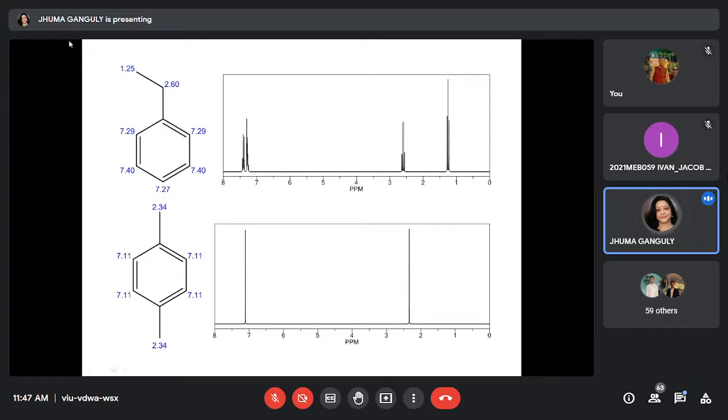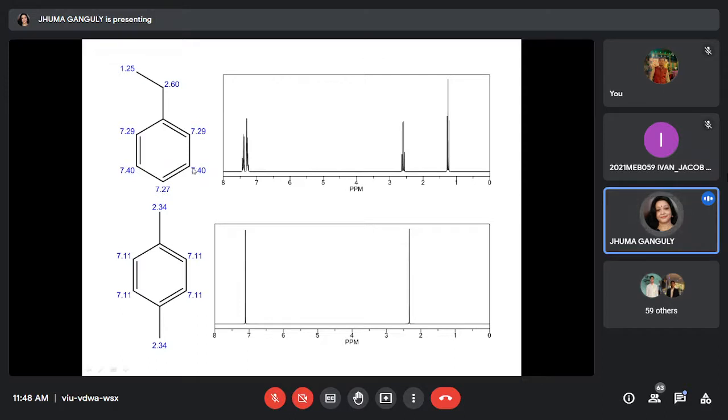Now here is a methyl group at 1.25, here is a methylene at 2.6. For methyl CH3, the neighboring group is CH2 with 2 protons, so 2 plus 1 is 3. You see this one is splitting as a triplet, and this one as a quartet. Now these aromatics: these two are the same, these two are the same, and this is one.